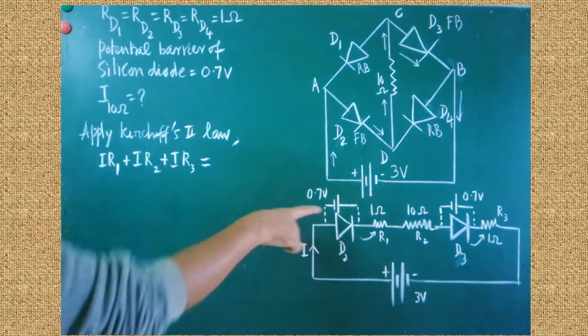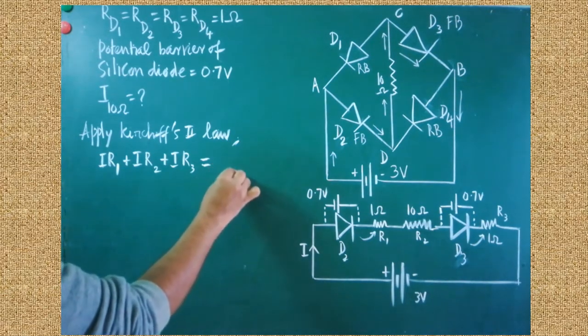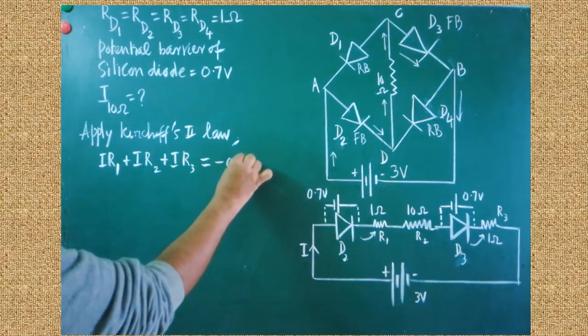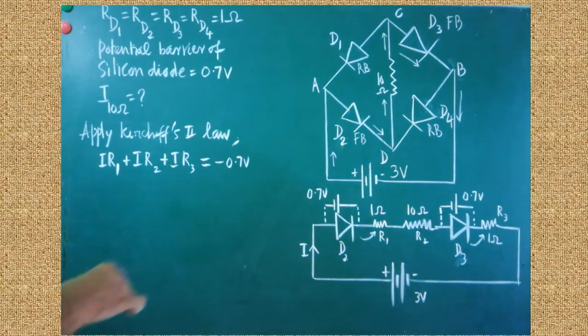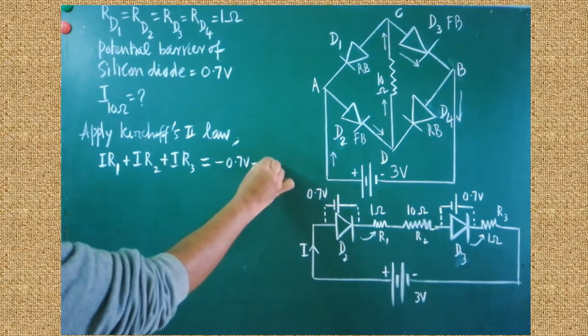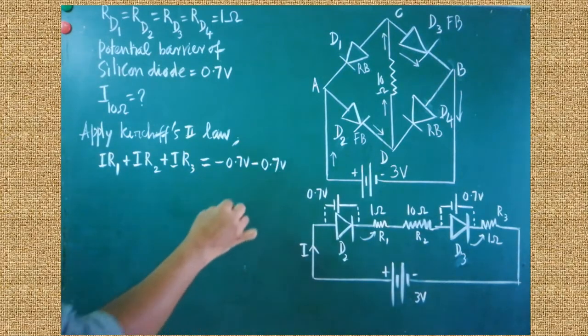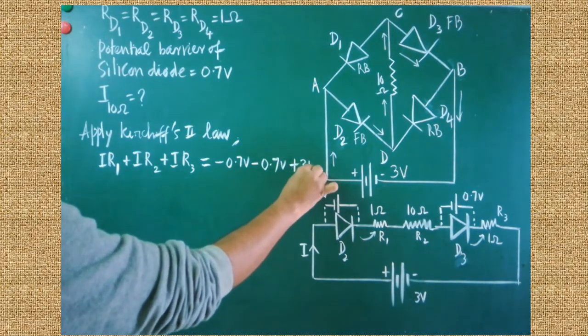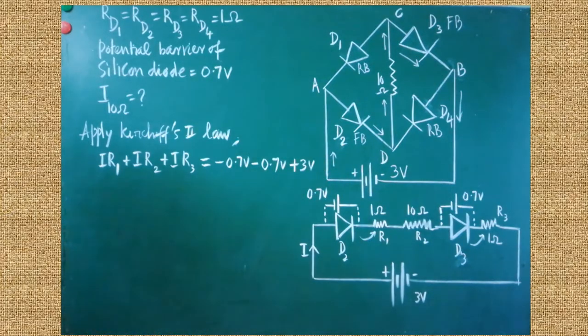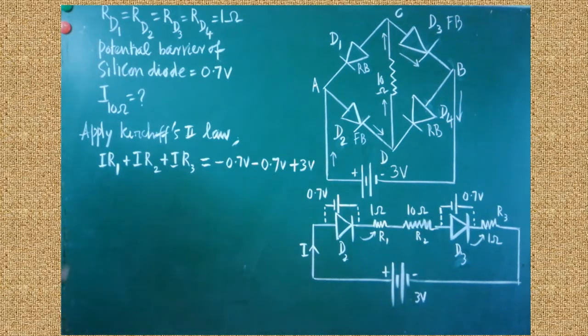The barrier potential of the first diode, 0.7 volt, must be taken because it opposes the applied potential. And for one more diode, the barrier potential is also 0.7 volt. The applied potential must be taken as positive. With respect to the sign convention, we have to choose the polarity. Both barrier potentials oppose the applied potential, so according to that, we have to write the sign.